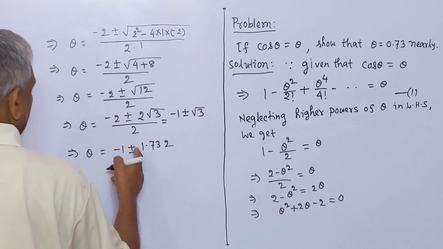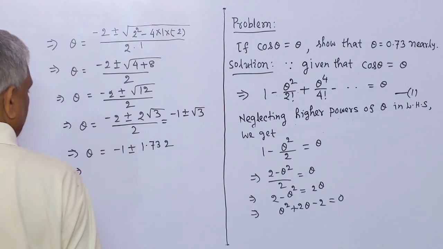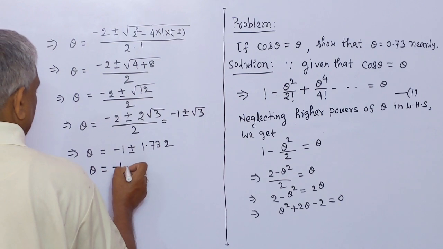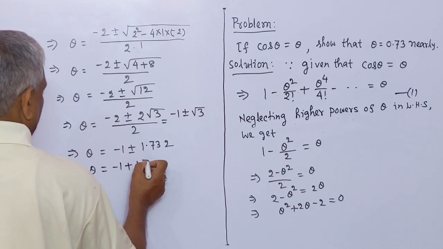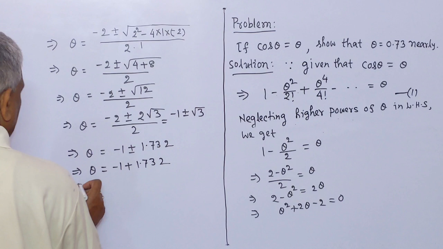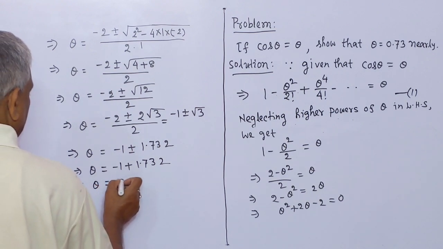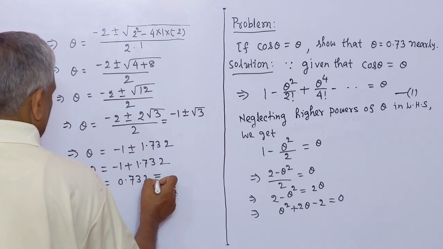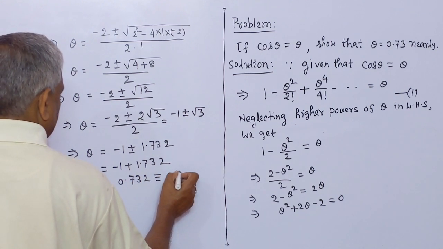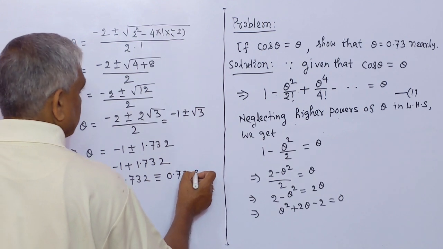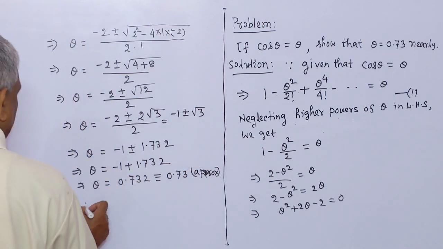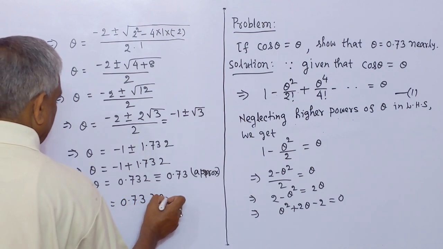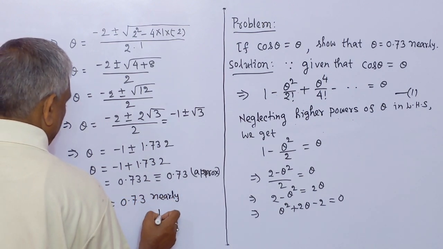Here we consider only the positive sign. So theta equals minus 1 plus 1.732, which implies that theta equals 0.732. This is equivalent to 0.73 approximately. Therefore, theta equals 0.73 nearly. Proved.